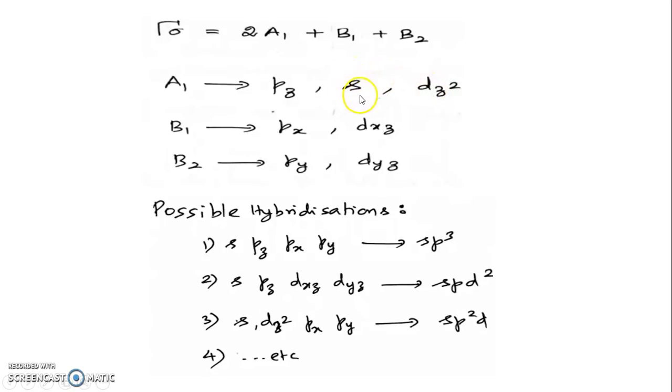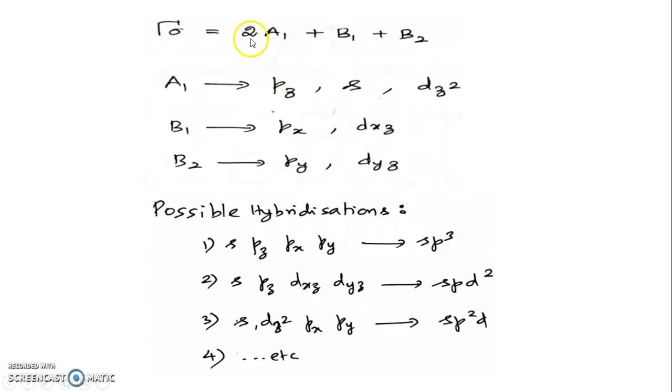And as we all know, the s orbital is totally symmetric, so it always belongs to the totally symmetric irreducible representation. So the s orbital also belongs to A1. Along B1, third column we have px orbital, in the fourth column we have dxz orbital. Along B2, third column we have py orbital and fourth column we have dyz orbital.